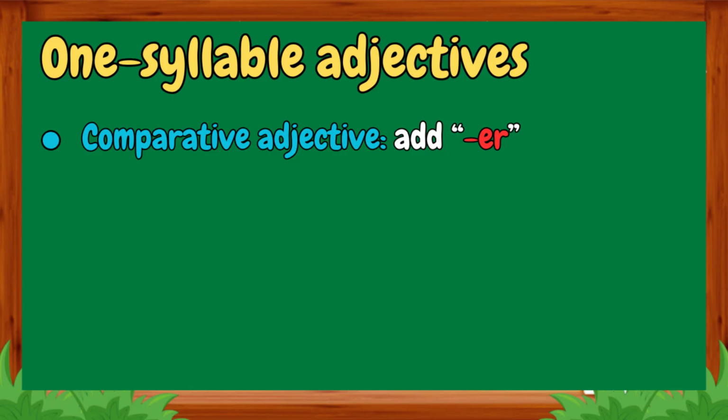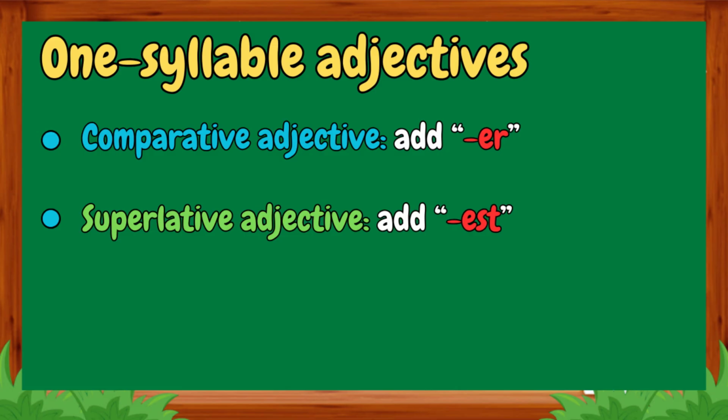For one-syllable adjectives, the comparative adjective is created by just adding er to the end of the word, and for superlative adjectives, we just add est at the end of the word. So yeah, very, very simple. Let's go look at some examples.